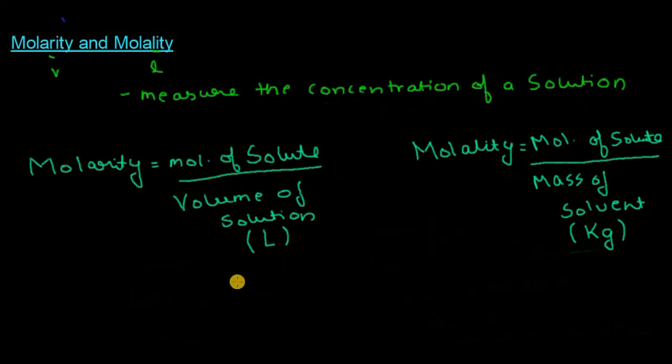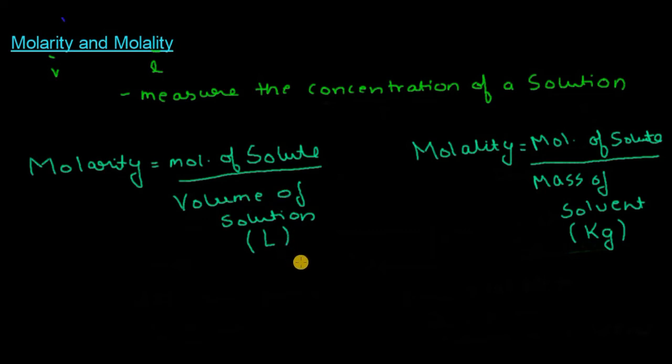If you take the same example of a beaker of water and salt, then the solute will be salt and the solvent will be water. So in the numerator we will have how many moles of solute we are adding. The same will be in molality, the numerator is how many moles of salt. But in the denominator of molarity, we will have the volume of solution.